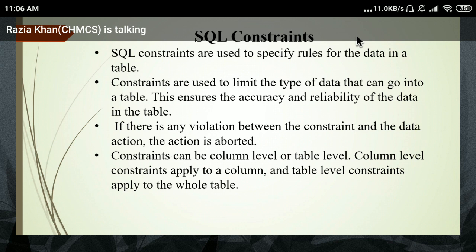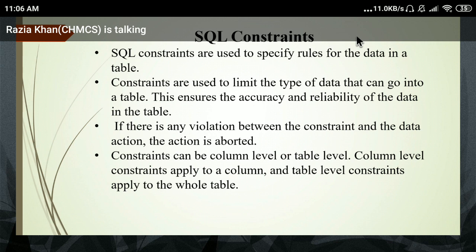So it's the same: if you are not applying any constraint on your table or on your data in a table, then your data will be repeated. If you don't use a primary key on the ID column, maybe your ID will be repeated. Or if you don't use any rule or size for a column, maybe the user enters any type of data.